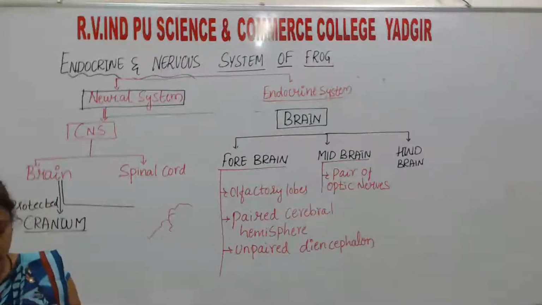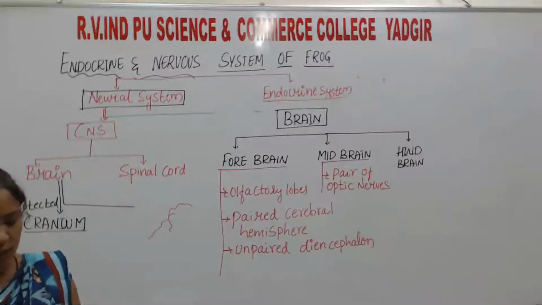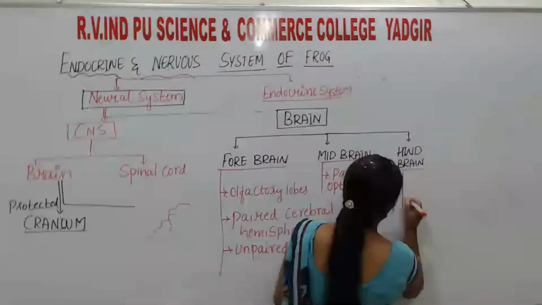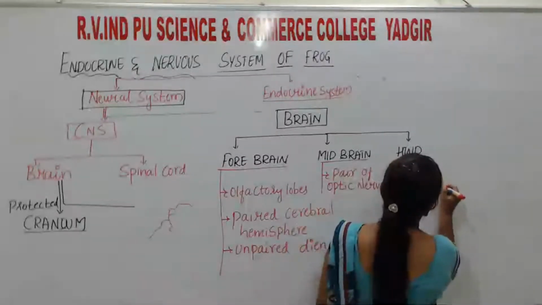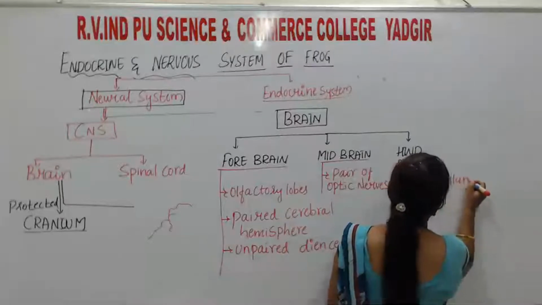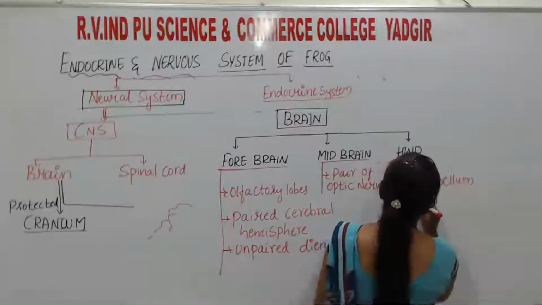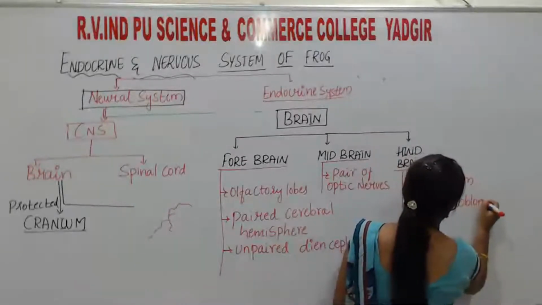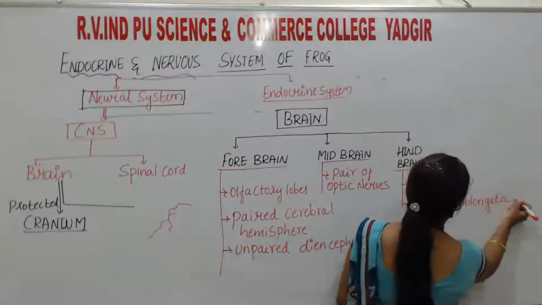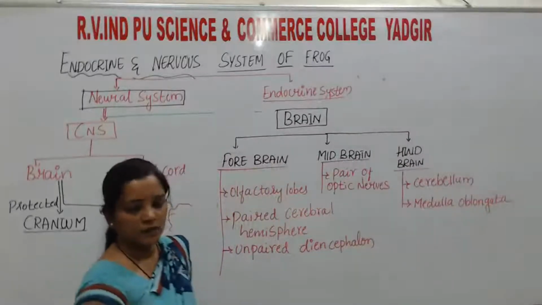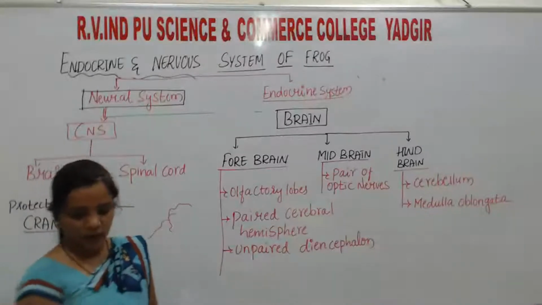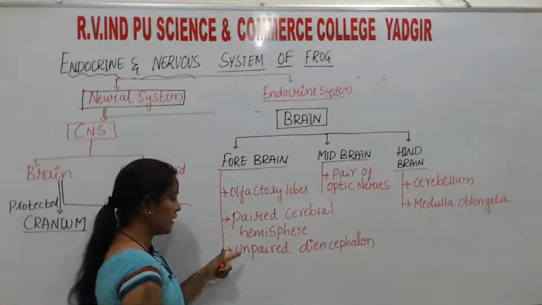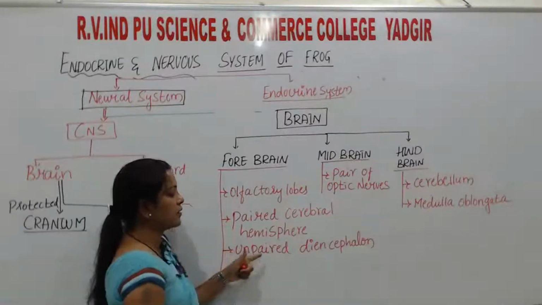After this, hindbrain consists of cerebellum and medulla oblongata. So, forebrain has olfactory lobes, paired cerebral hemisphere, unpaired diencephalon.